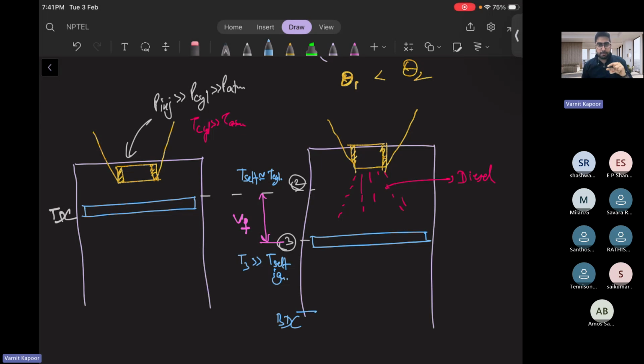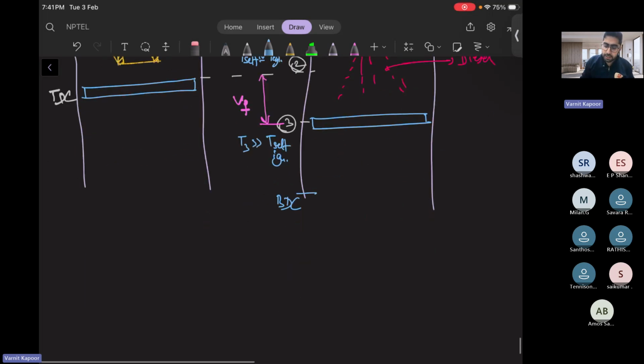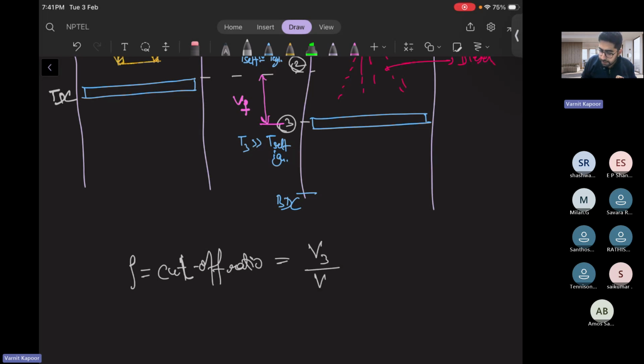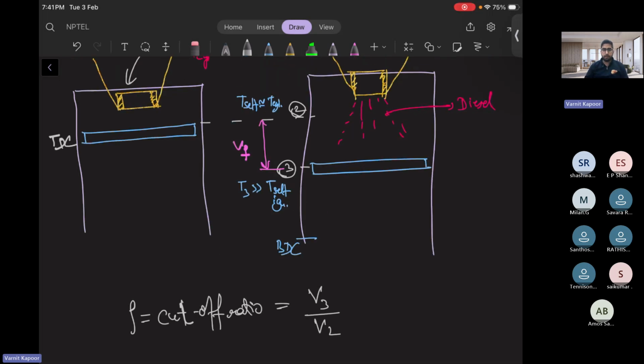So we know that we are supplying the fuel for a certain amount of time. That means we are going to stop the fuel when the power stroke is happening. So we can say that rho is nothing but your cutoff ratio. And as it's a ratio, it is higher by lower, so V3 by V2, because V3 will be greater than V2; fuel injected will be higher at the third point compared to the second.